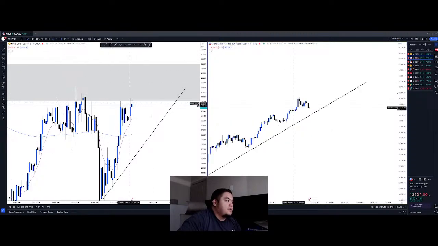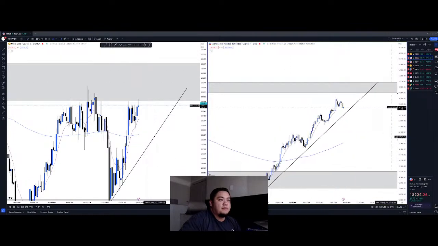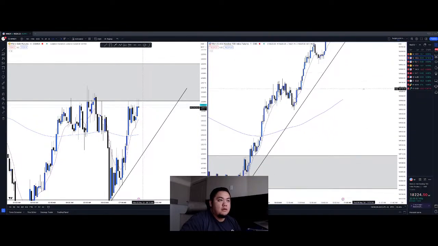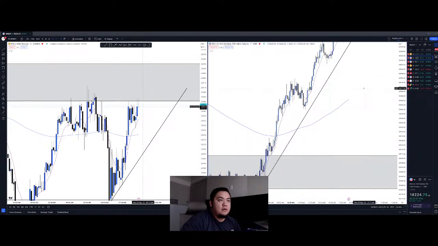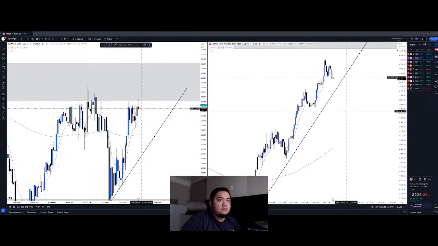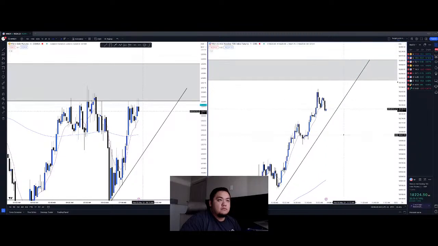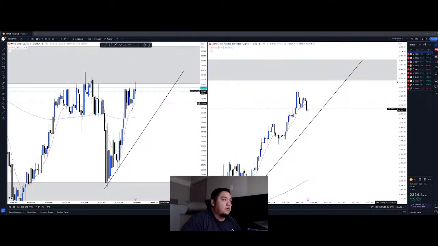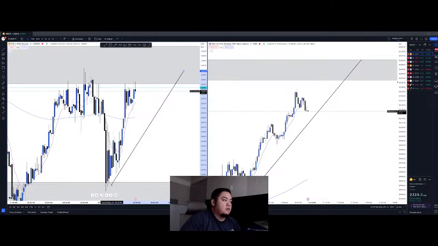Yeah, it definitely just keeps rejecting that area. Yeah, let's see what happens. We've got a nice trend line on the 5-minute. For gold? Yeah. Not that big.